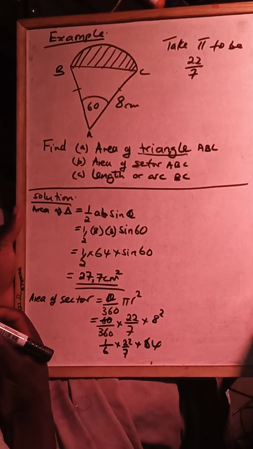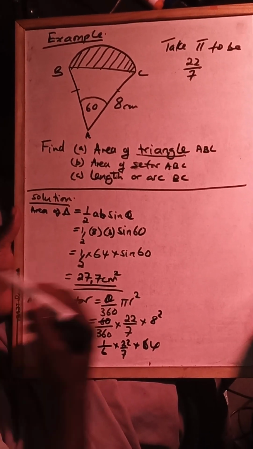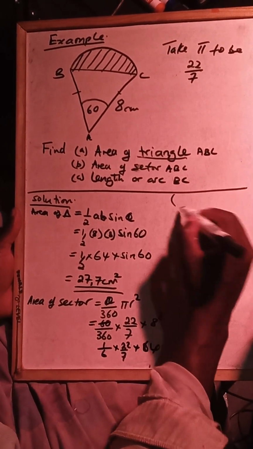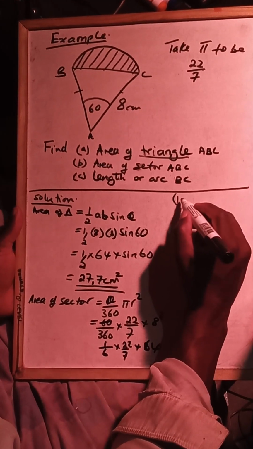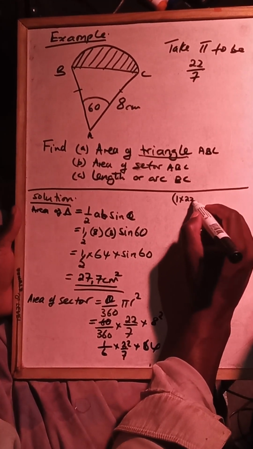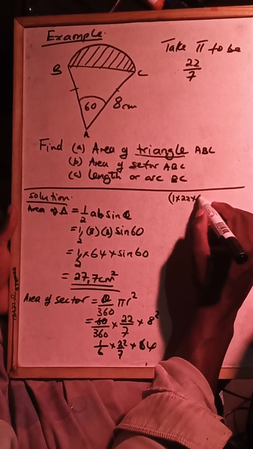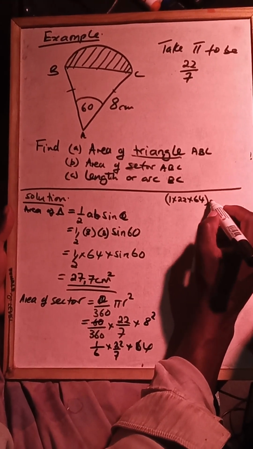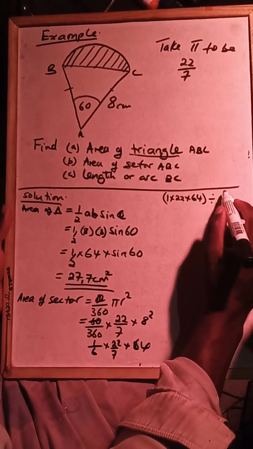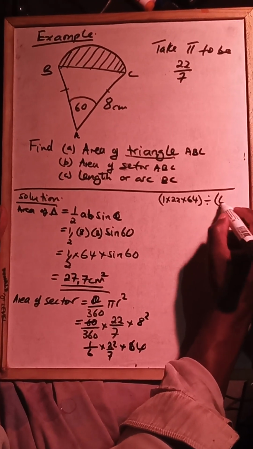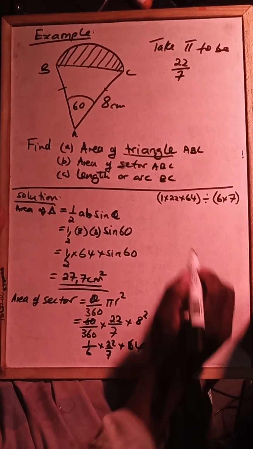So I want to use a calculator in a simple way. On your calculator, open bracket, 1 times 22 times 64, close bracket, divided by 6 times 7.